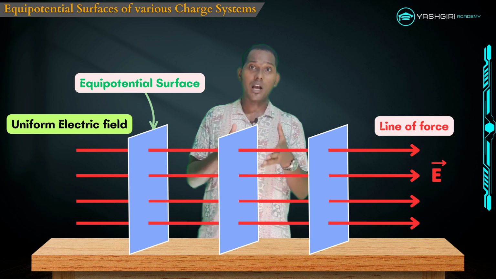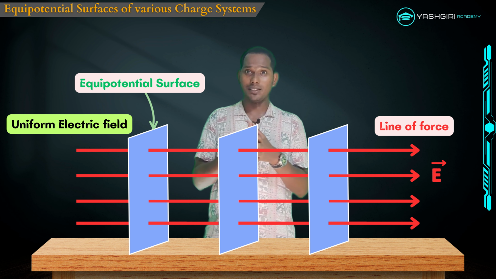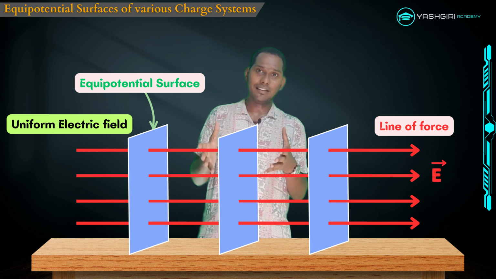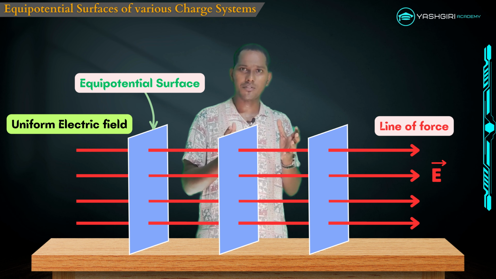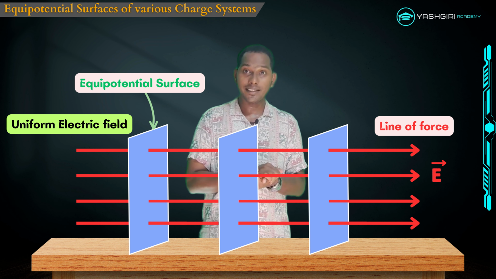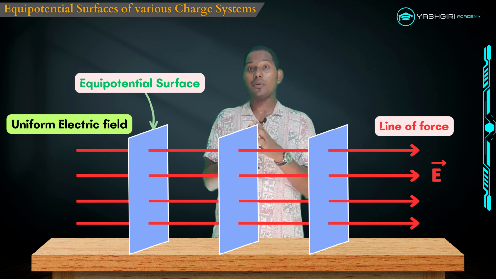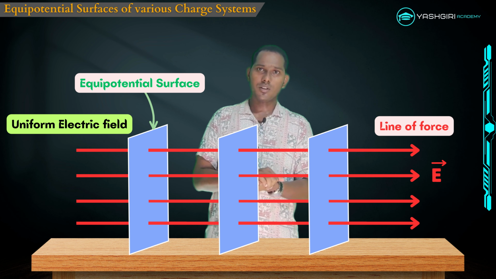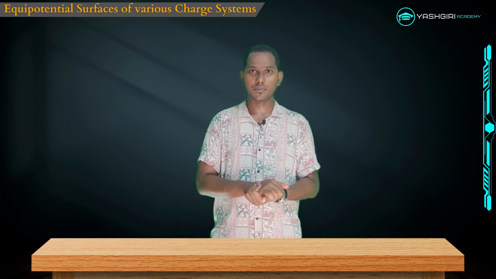So this is how the equipotential surfaces will look for a uniform electric field. Like the electric field lines, equipotential surfaces also give us the visuals from which we can get the magnitude as well as the direction of an electric field in the electrostatic space. Now, this is all about the equipotential surfaces and their properties.